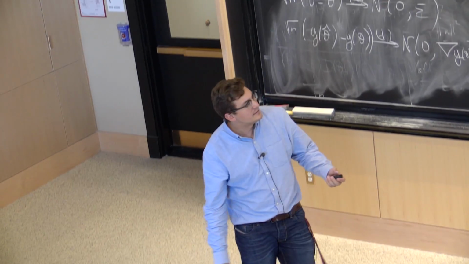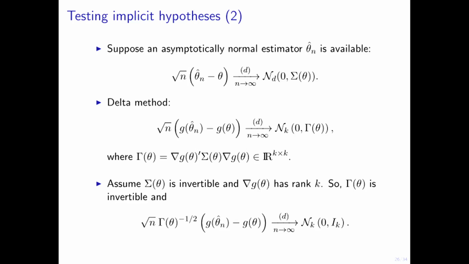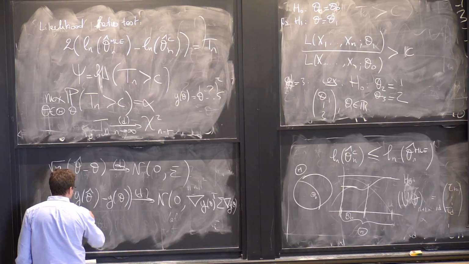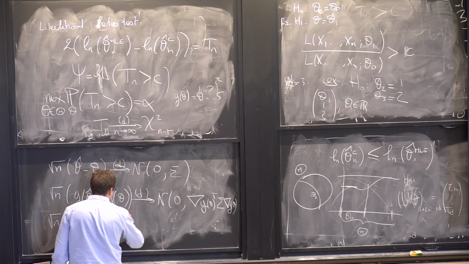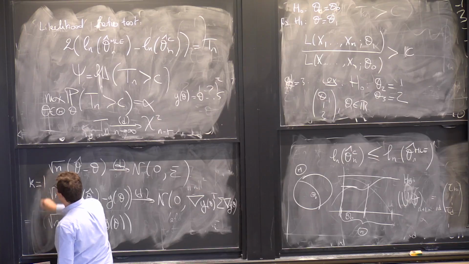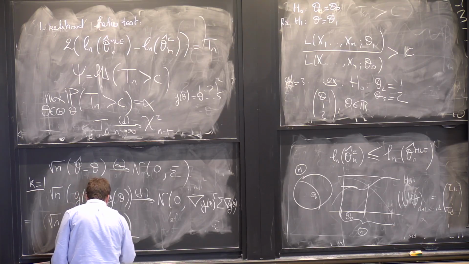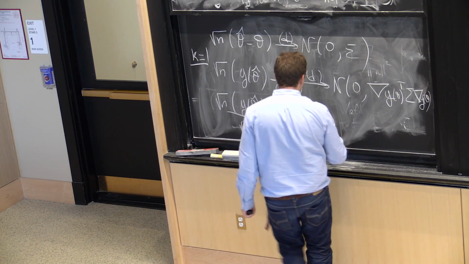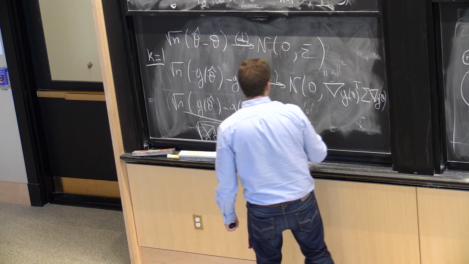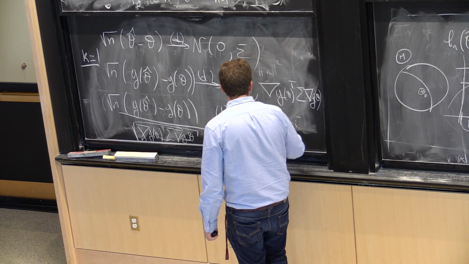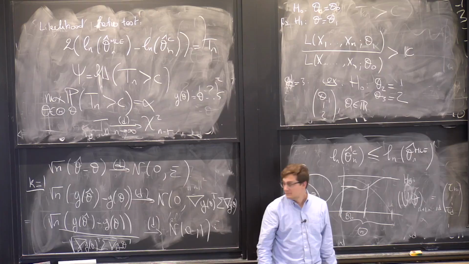OK, so I know that this thing happens. And now, if I basically divide by the square root of this thing, okay, so for the board, I'm working with k equal to 1, divided by square root of ∇g(θ)ᵀ Σ ∇g(θ), then this thing should go to some standard normal random variable, right?